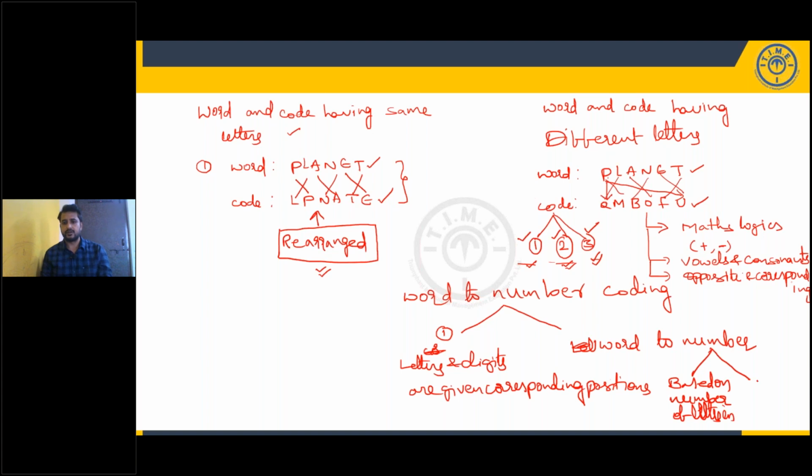And the second one is sum of the place values of the letters. So briefly, a coding decoding has to be identified, and coding decoding has to be checked in this way. While going through the examples, you'll get a clear idea what exactly each and every model is.